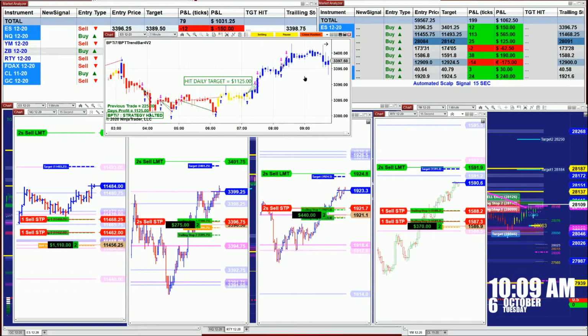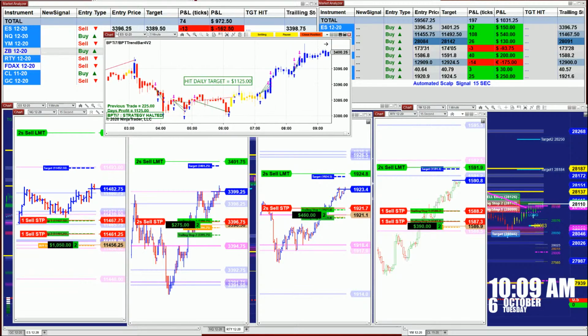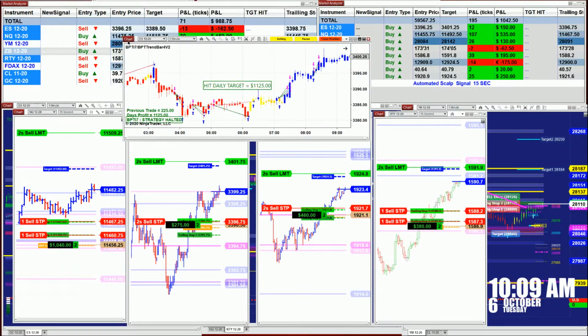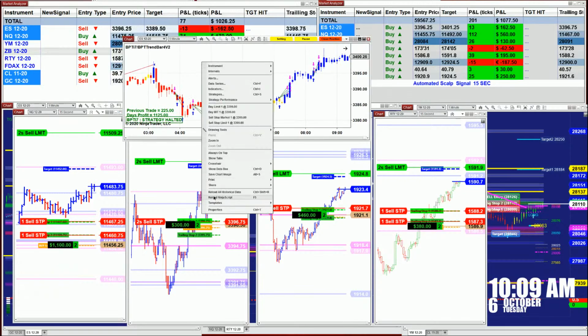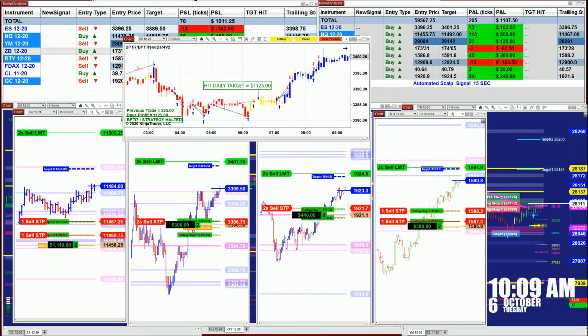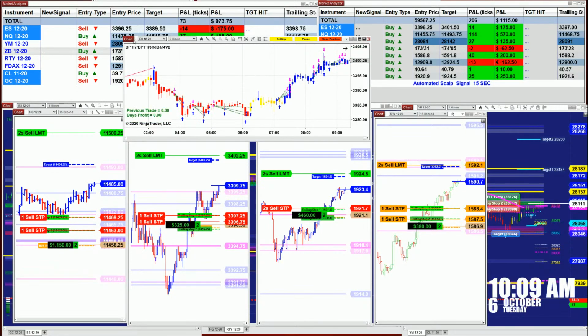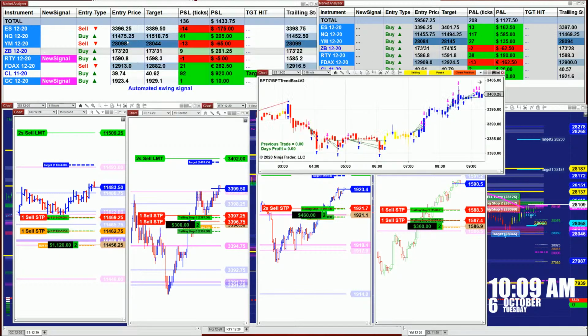So this is a totally different strategy. Yes, you can do that. And let's go ahead and have a run, reactivate it again, and let it run one more time on the ES.